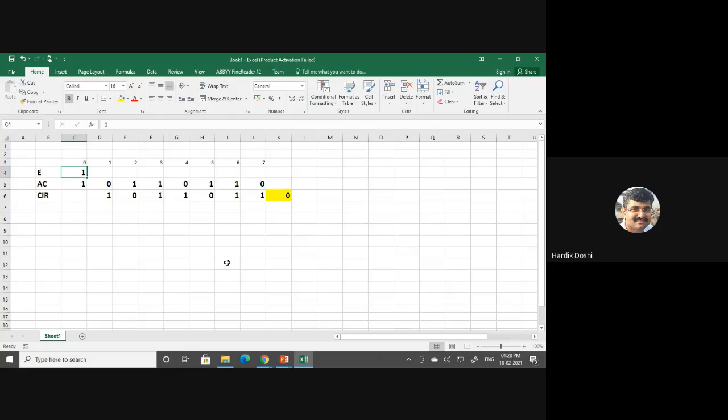And the content of the E flip-flop will be shifted to this bit in our AC register, and this will be shifted to our E flip-flop. Did you get this in case of CIR? This is circular shift right using AC and E. Is everybody clear with this?